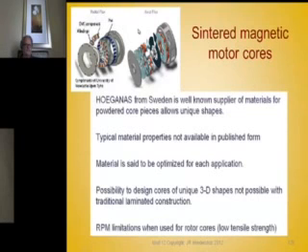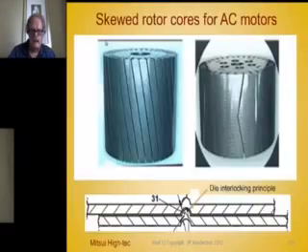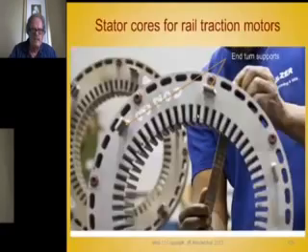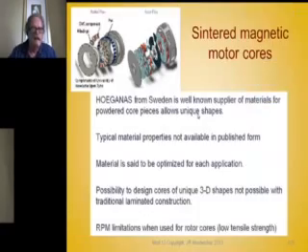It's popular in some applications. These are both axial flux motors. You see those little pole pieces there? This is a radial flux. This one's axial flux, but I showed you this in a previous slide. Yeah, this one right here. These pole pieces are sintered, and this is a shorter version of it.